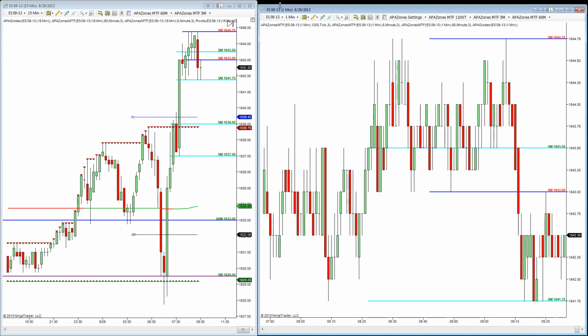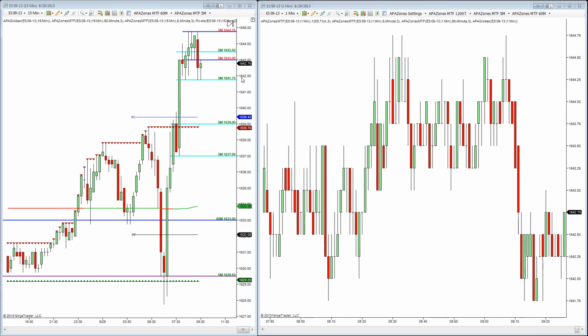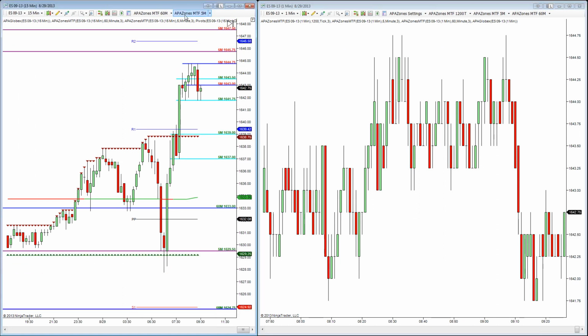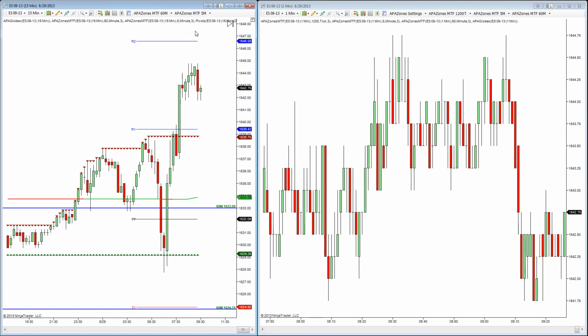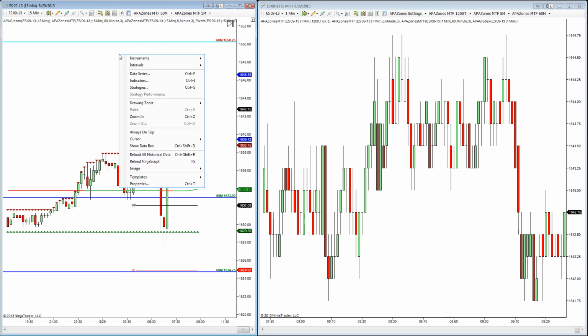So let's look at our ES setup, and I had a feeling that ES may be the market that most people would be wanting to watch, but wasn't quite sure. So this is what we're looking at on ES right now. All right, and I want to make this really clean and really simple for everybody. So first off, this chart here.